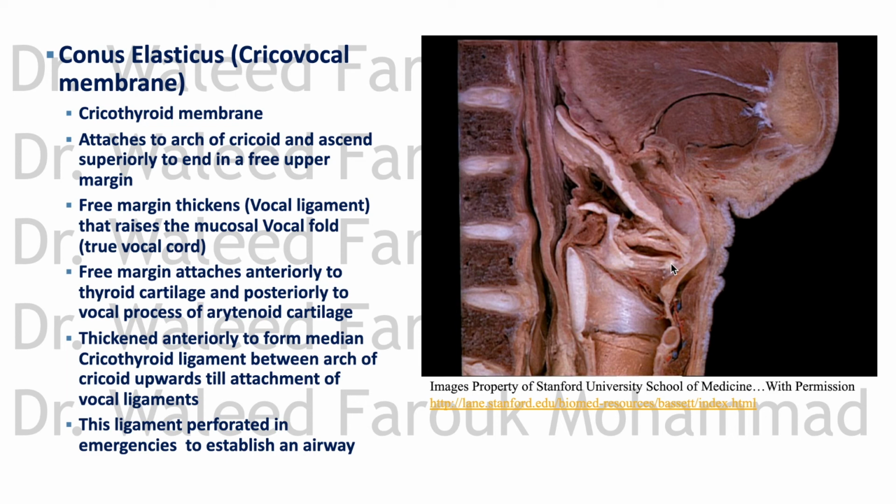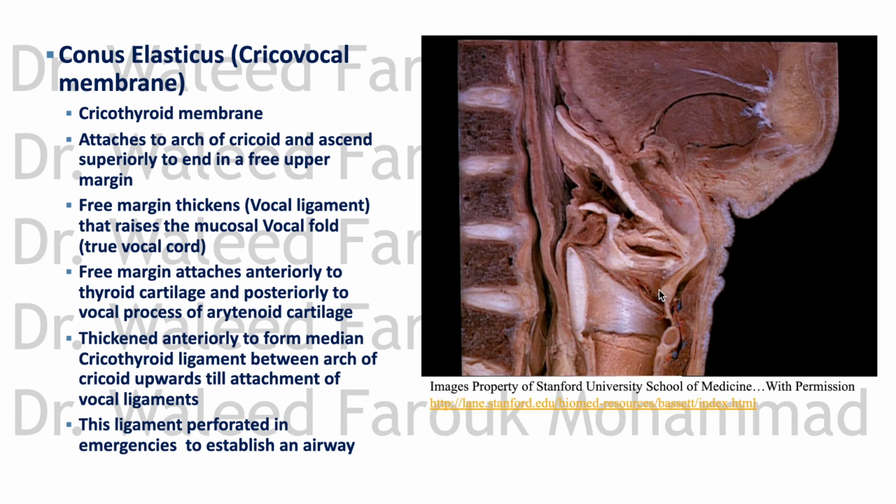Now, what's the difference between true and false? True vocal cord means that this is the actual resistance to air produced by these two ligaments. False vocal cords, they don't produce resistance to air, and we will know why.